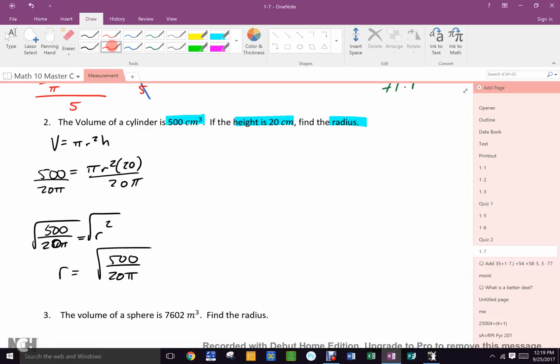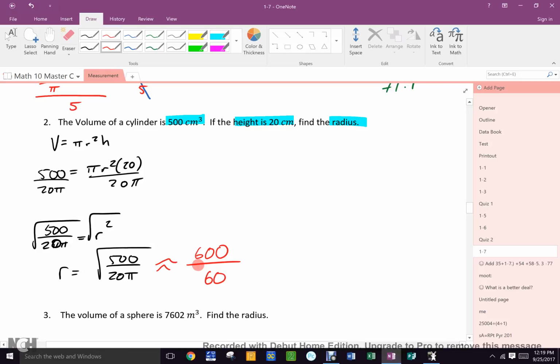Okay, I'm going to estimate in red. What is 20 pi almost? 60. 20 times 3, yes? It's about 60. Agreed? What number is close to 500 that will play well with 60? 600.